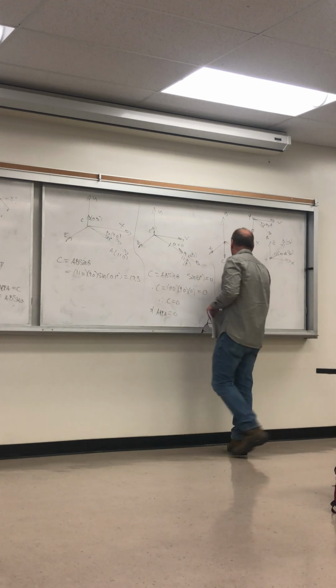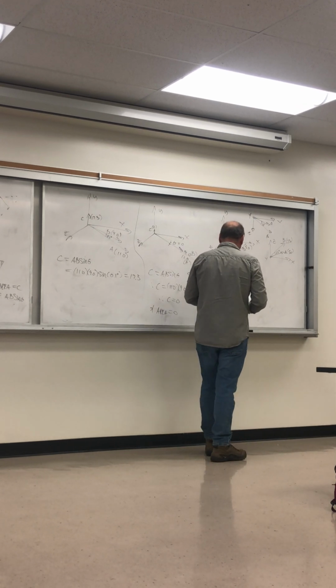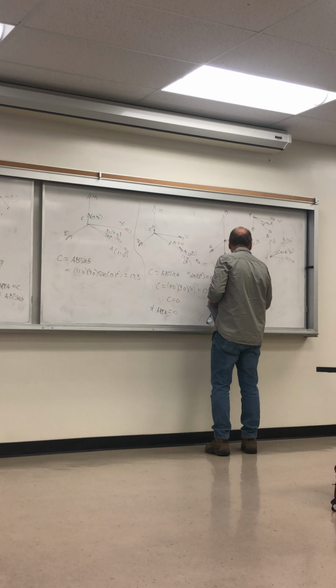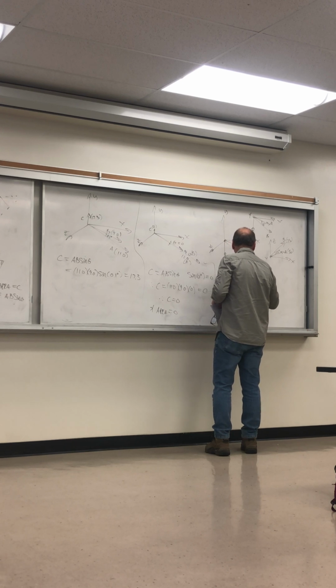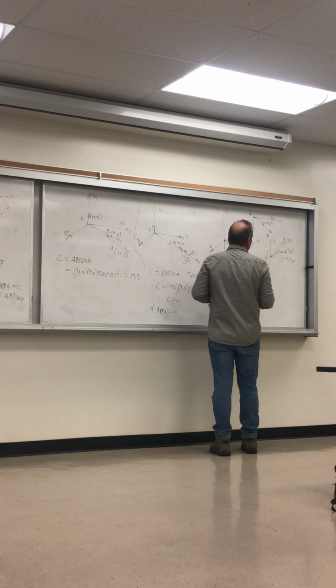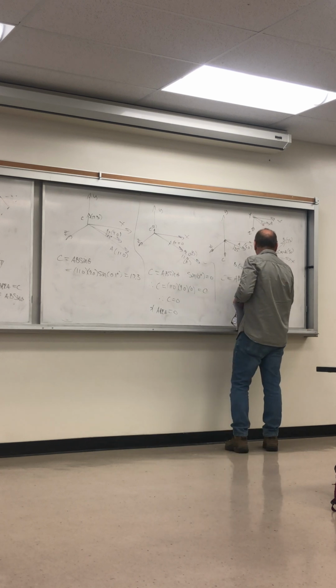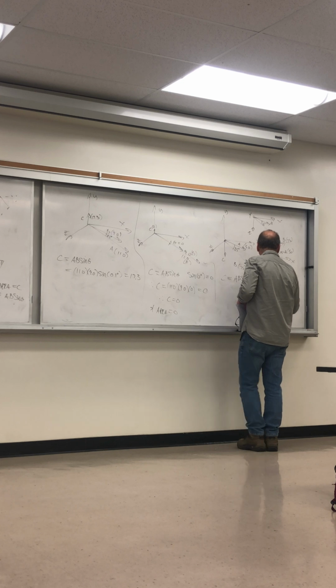The magnitude of C is AB sine theta. So that's 50 times 75 sine of 25 degrees.